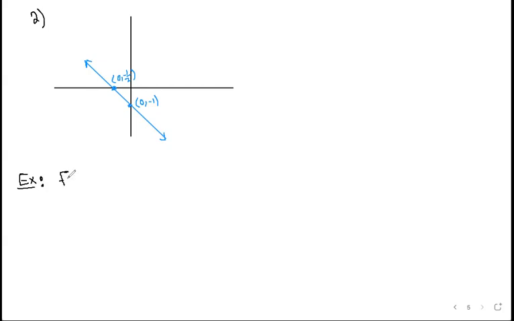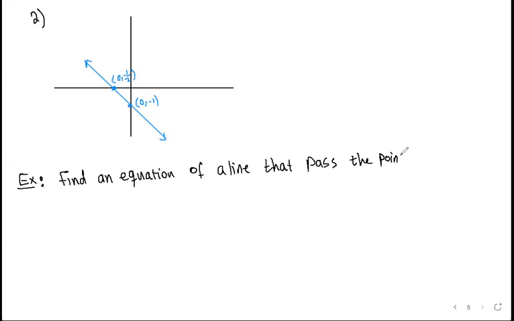Find an equation of the line that passes through the points -1, 2 and 3, -4. So I have a line. This line passes through these 2 points. How can I find the equation of this line?